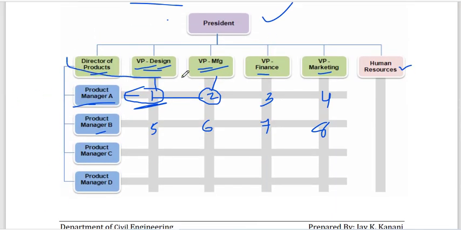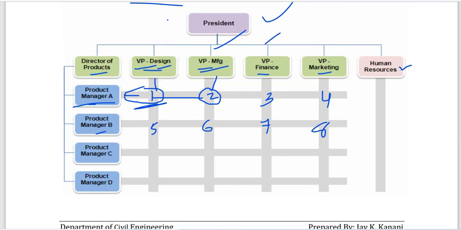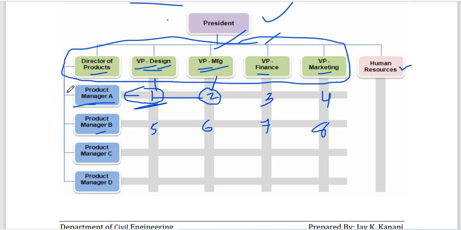This is based on function. We already discussed function: designing, manufacturing, finance, marketing. Based on their function, it's a combination of this functional and this product. This functional is our traditional first structure.